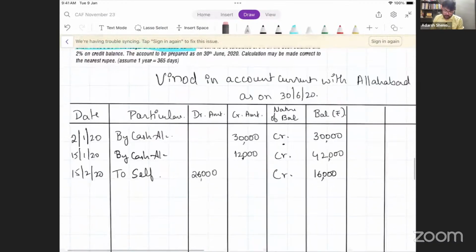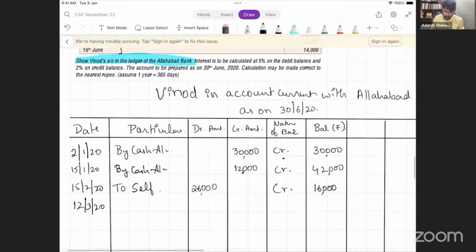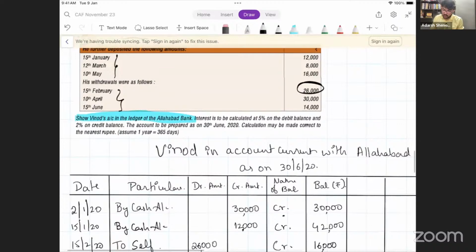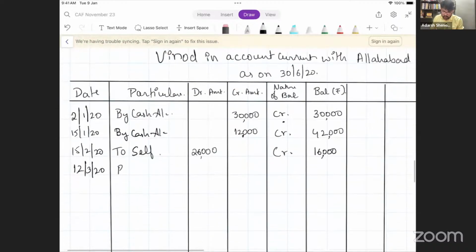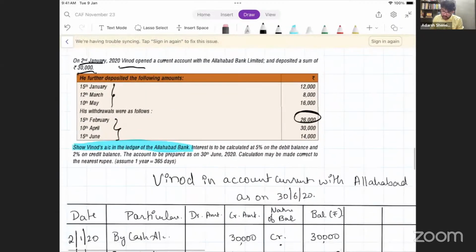Next, 12th March. He's depositing money. So the entry is cash account debit to Vinod's account. So Vinod's account will be credited, 8,000.